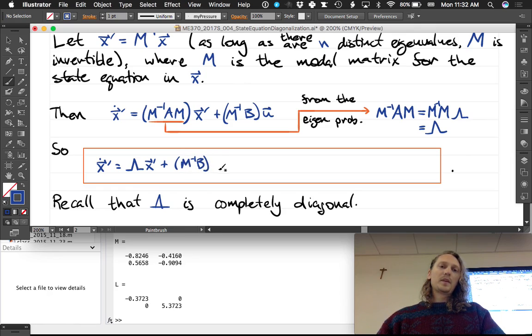I'm only putting parentheses around these terms just to show you, this is the new B matrix.